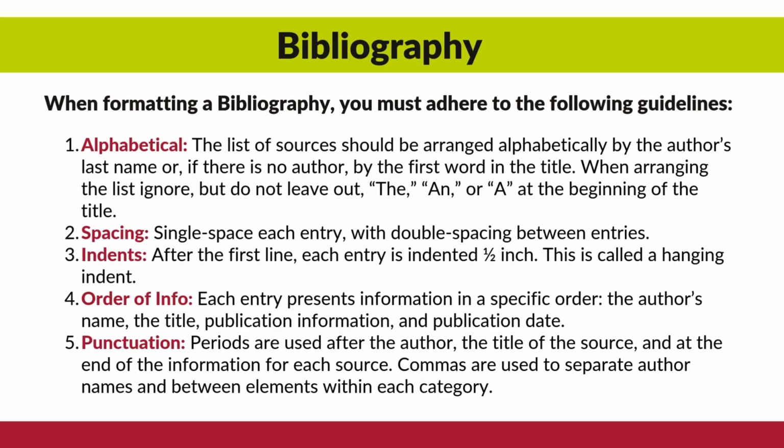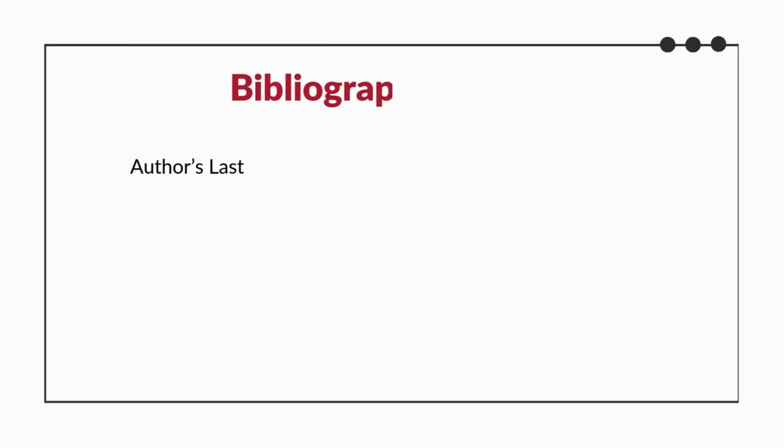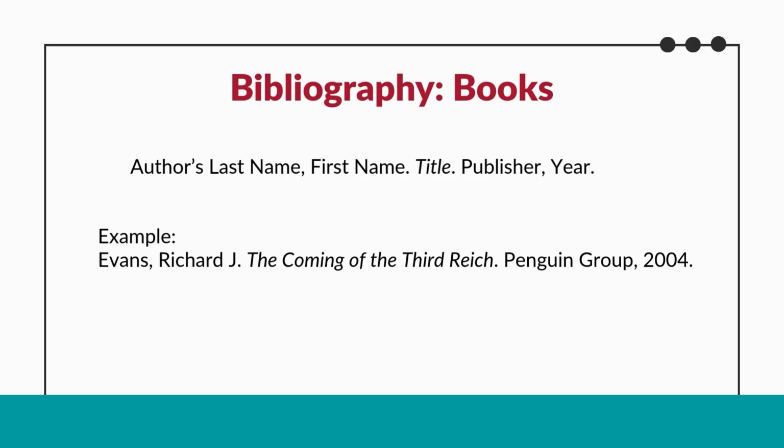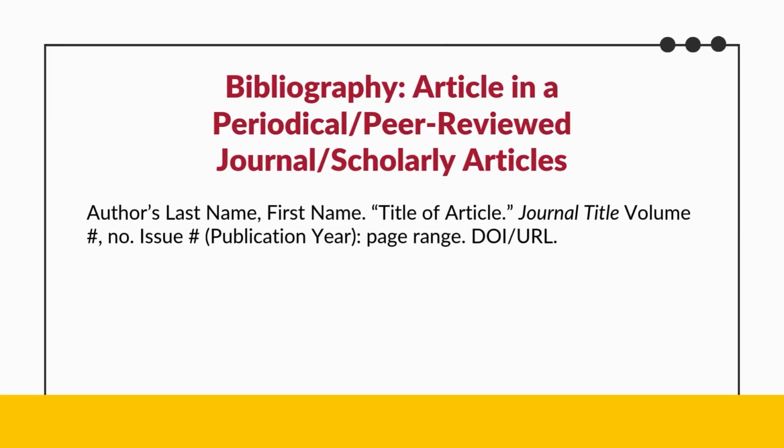Bibliography handout for guidance. Books in a bibliography should follow the following format: author last name, comma, first name, middle initial, period, title of work in italics, end italics, period, publisher, comma, year, period. Articles found in periodicals or peer-reviewed journals follow a similar format, but with additional information, and should follow the following format: author last name, comma, first name, middle initial, period, quote, title of article, period, end quote.